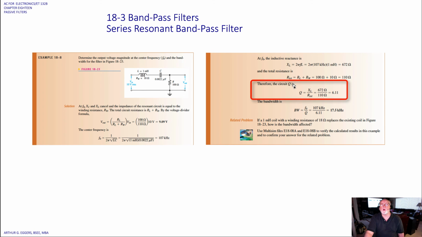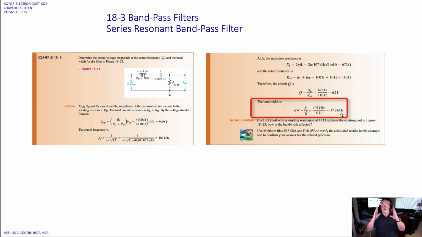Therefore, the circuit quality factor Q, X sub L divided by R total, is 672 over 110, or 6.11. The bandwidth can then be solved by using the center frequency, 107 kHz, divided by that Q, 6.11, or 17.5 kilohertz. So our bandwidth for that circuit is 17.5 kilohertz.